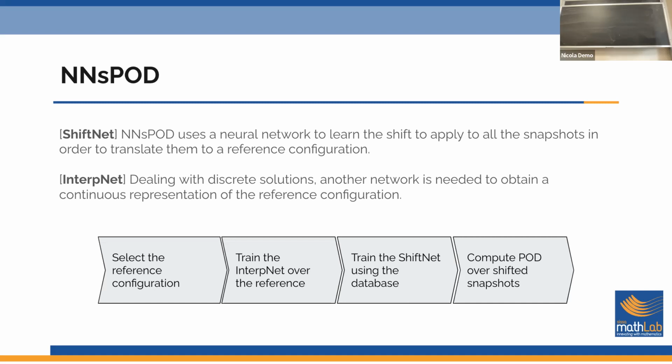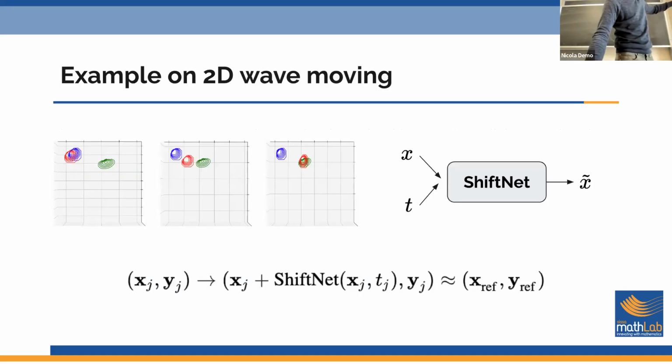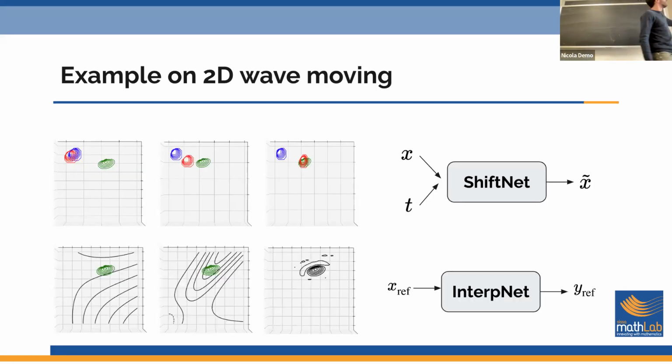Anyway, I have a slide for that, so maybe it's better to show this one. This is simply the idea of the InterpNet. You have the green reference configuration that needs to be approximated with a continuous representation.